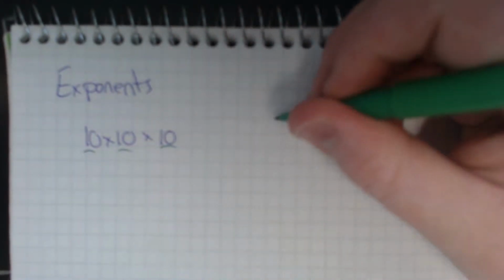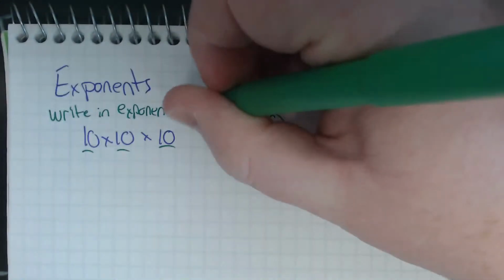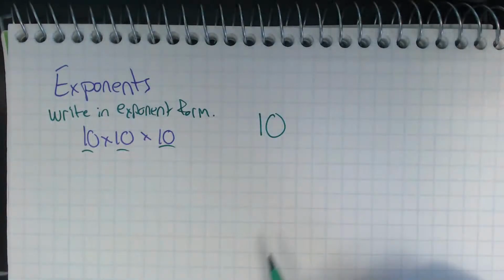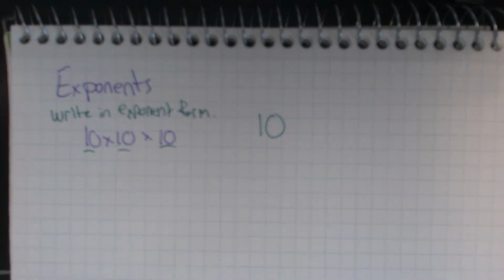So we take that and we're just going to write this over here. And let's say I didn't write the question down, but let's say it says write in exponent form. Okay, let's say that's our problem. Write in exponent form. So we take our number that's repeated and we write it down.